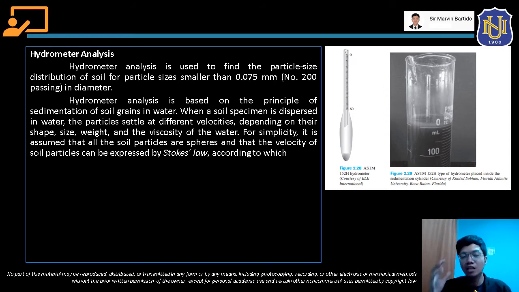In hydrometer analysis, we are going to use a sedimentation cylinder. This is it. There is water in it, and we are going to put the soil sample into the water in the sedimentation cylinder.